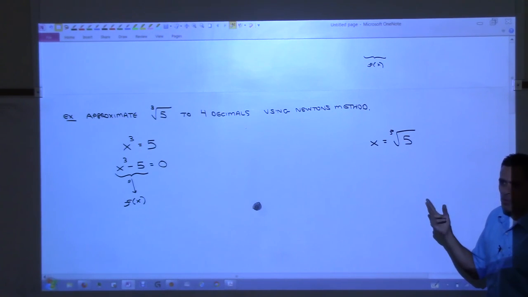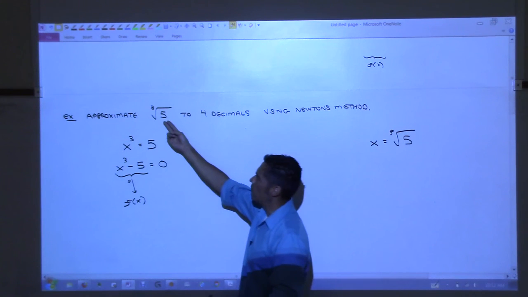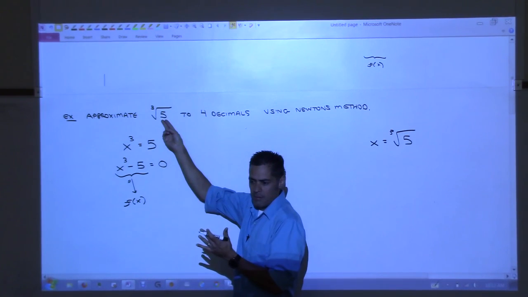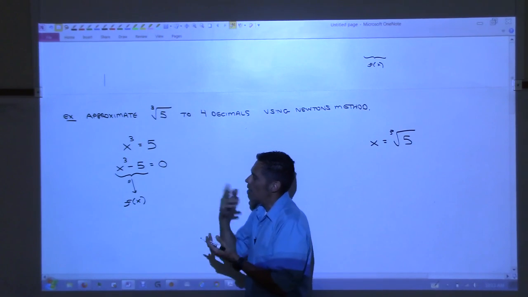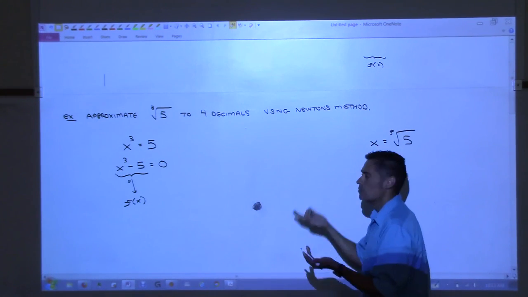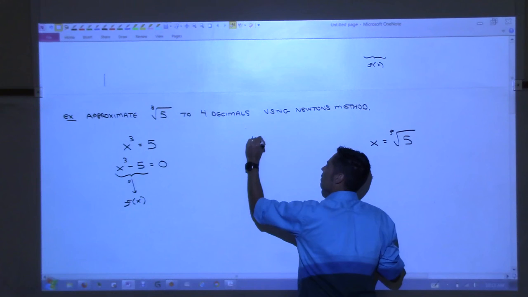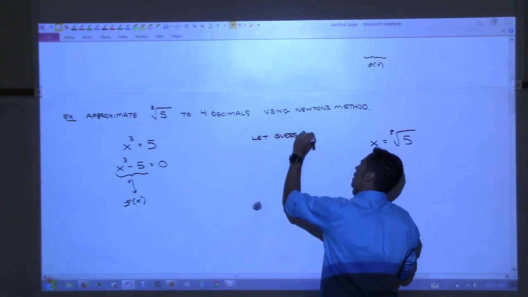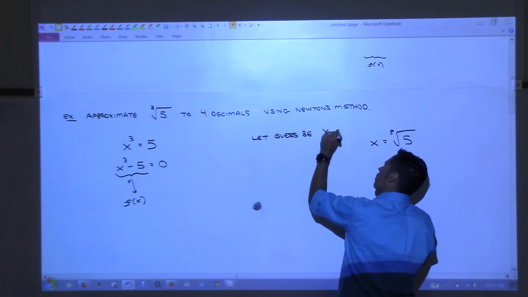So it's probably between 1 and 2, isn't it? I hope that you can look at this and realize that the cube root of 5 is somewhere between 1 and 2. Yes? So why don't we guess with 2? So I'm going to let my guess be x naught equals 2.